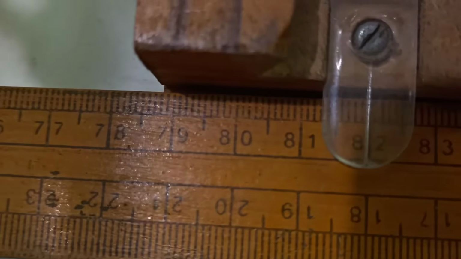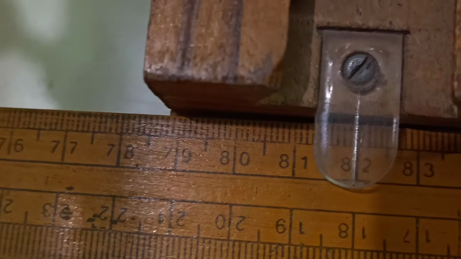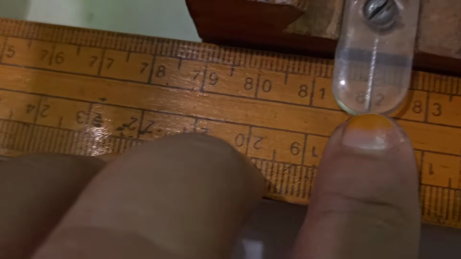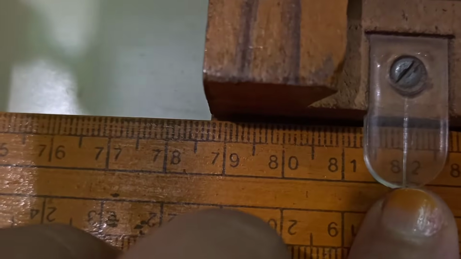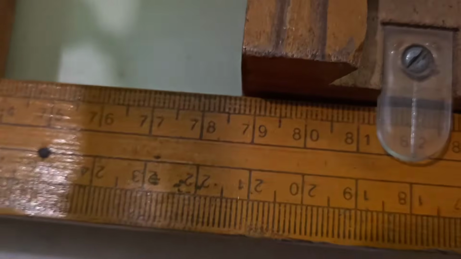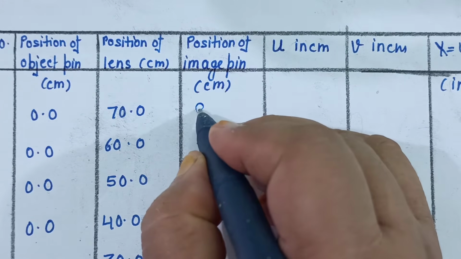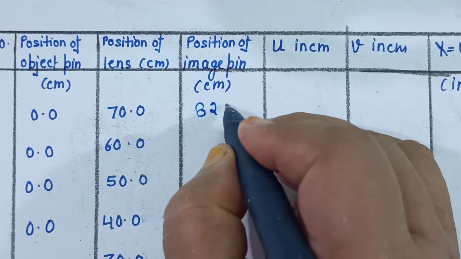Observe the reading from the top. This is 82. Yes. So let me note down the readings. So position of image is 82 centimeter.